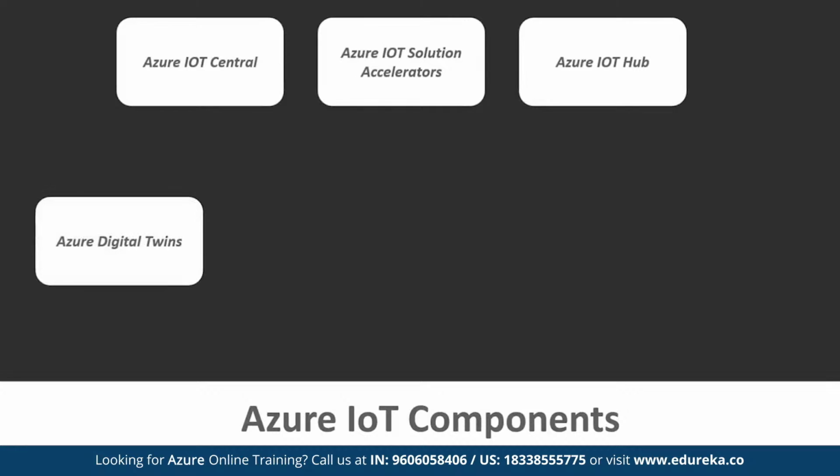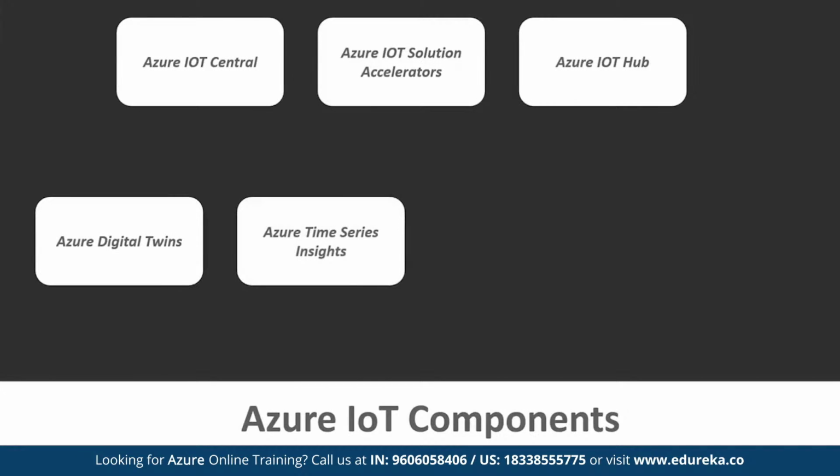Then you have Azure Digital Twins and Azure Time Series Insights. Now, these services basically let you create models. Yes, they let you create models. And when you talk about digital twins, it works in that way. When you talk about Azure Time Series Insights, if you've learned analytics, you know you're talking about time series. That means how data varies from time to time, like your stock markets, right? The graph is not constant.